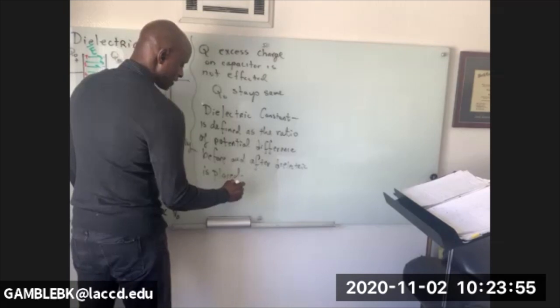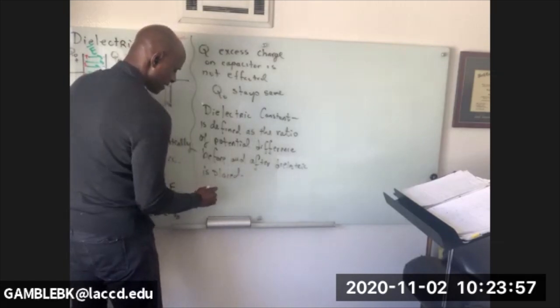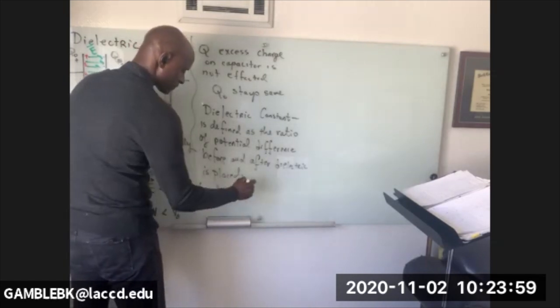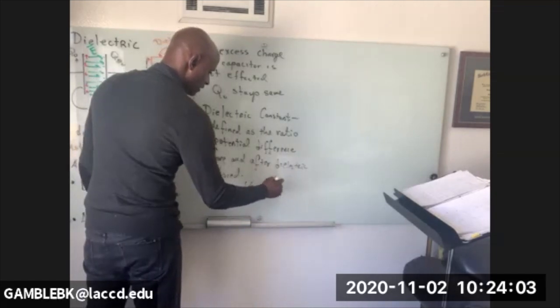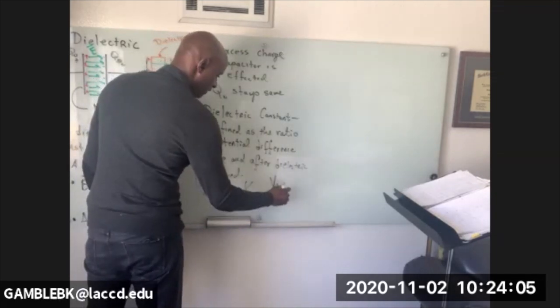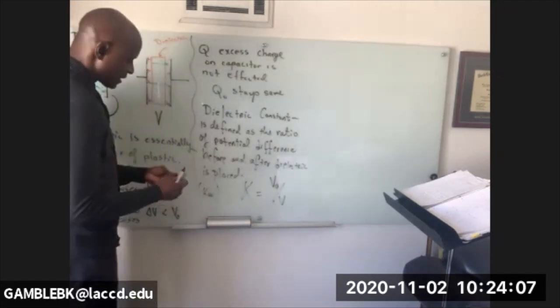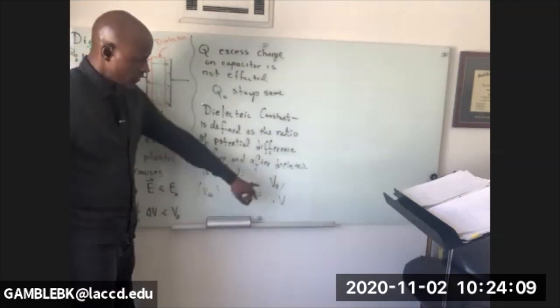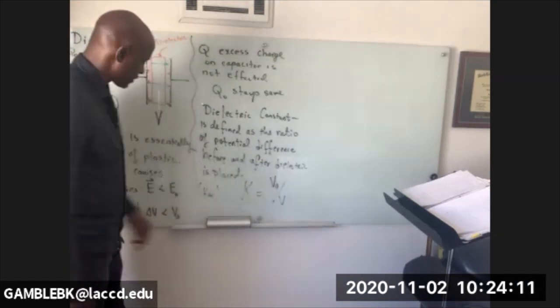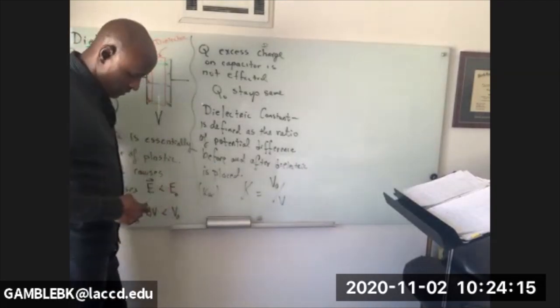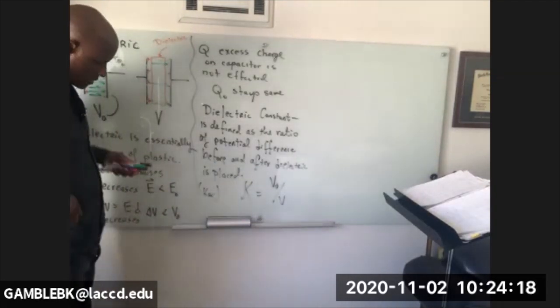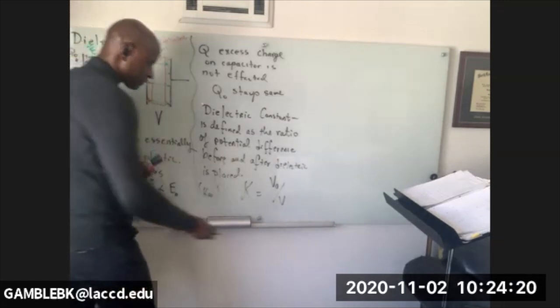We use chi, the symbol chi. And chi is equal to V naught divided by V. So it's going to be a number greater than 1 because V naught is always greater than V, for the reasons we just mentioned. And that's called the dielectric constant.